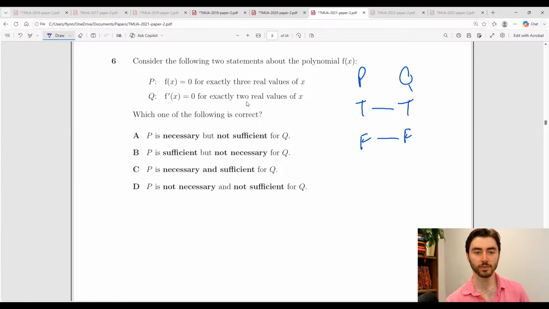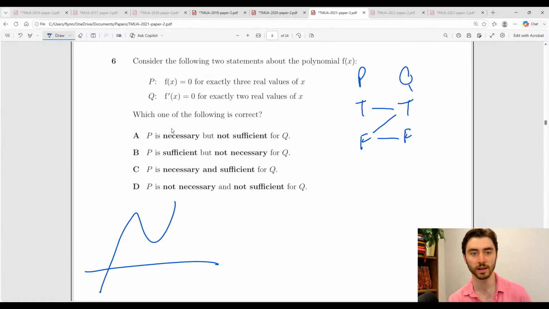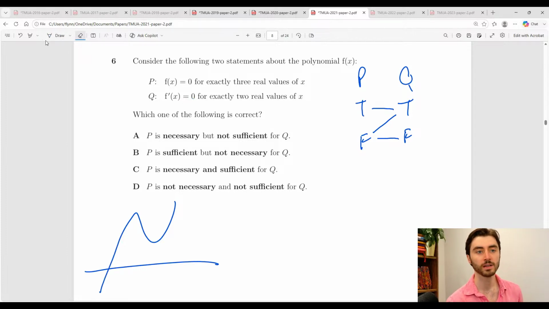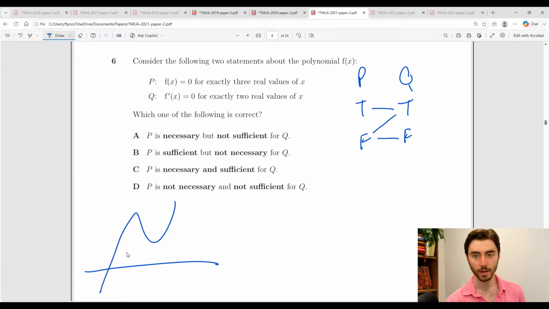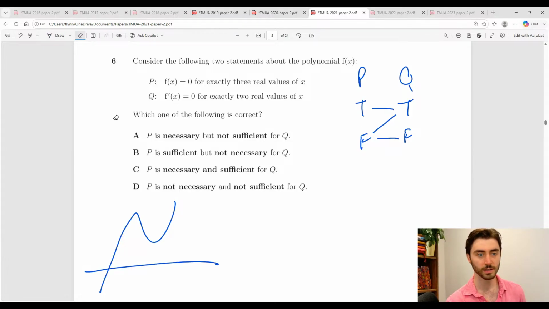Can you have 2 turning points? Yes. So false to true exists because of a cubic which goes like this. Then Q is true, that there are 2 real values of x for which the gradient is 0. But here it is false that there are 3 real values of x for which the function is 0. So therefore that connection exists.